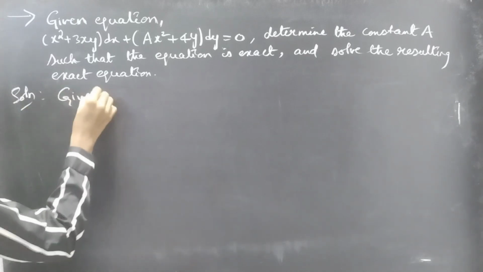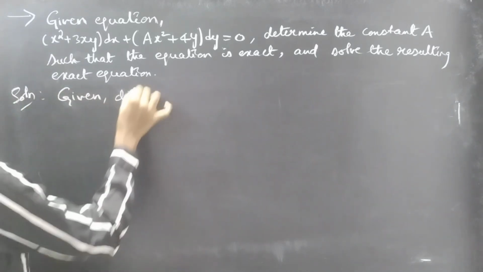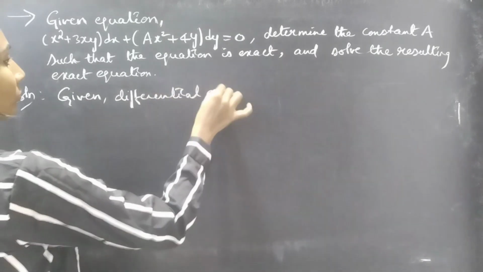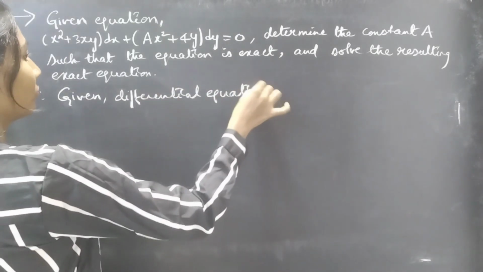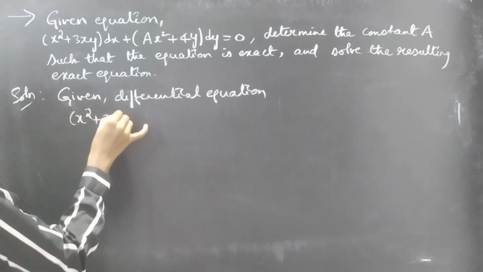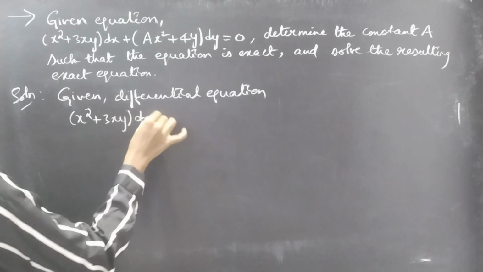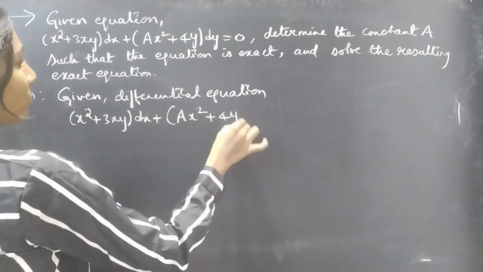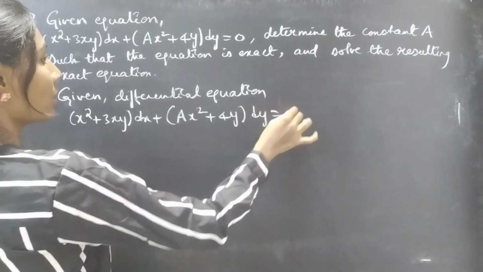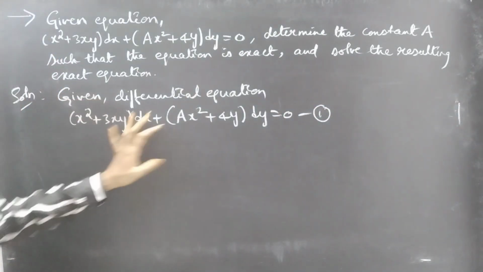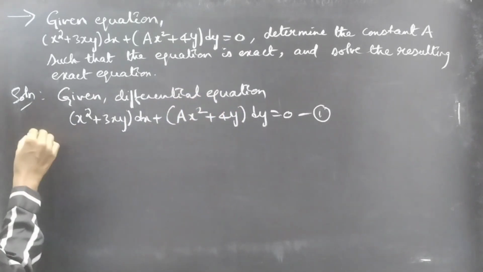Given differential equation, (x square plus 3xy) dx plus (ax square plus 4y) dy equal to 0, considered as equation number 1, which is of the form Mdx plus Ndy equal to 0, right?